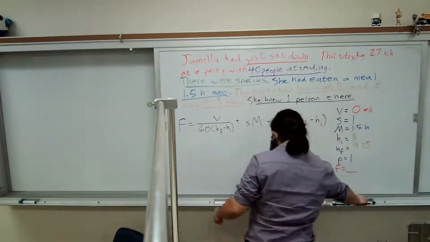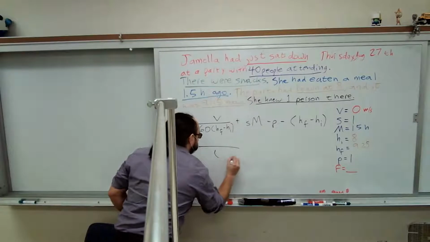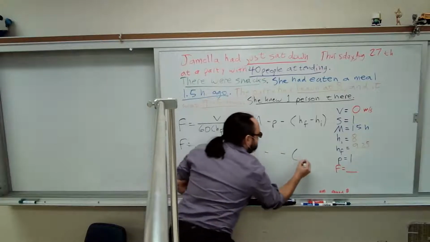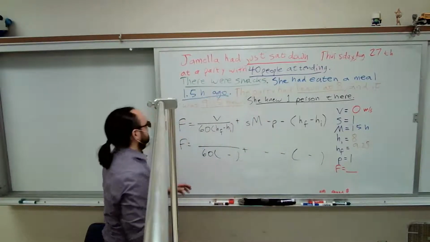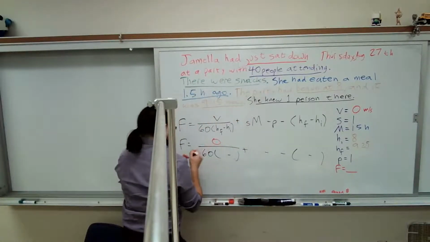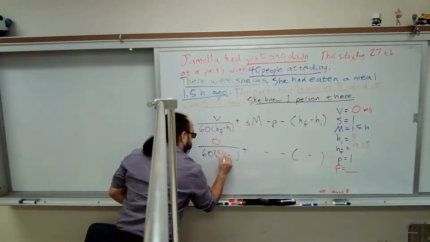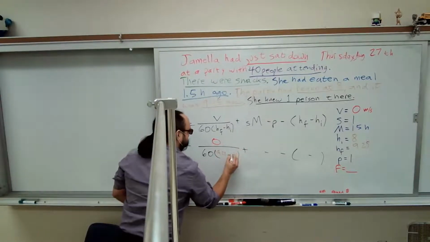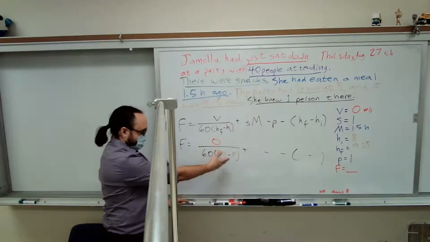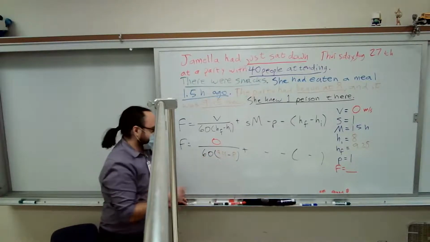And now we can plug all our stuff in here. We're solving for fun. V is 0. HF is 9.25, and HI is 8. We could subtract those, and you would get a number.